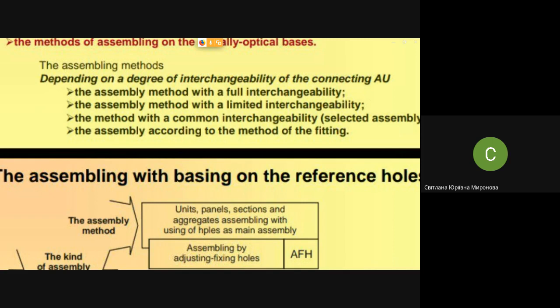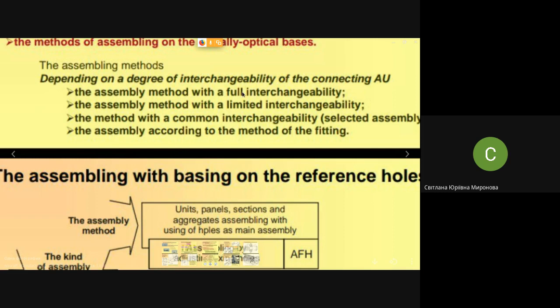We may call it assembly method with using of fitting, but really it's better to call it assembly method with adjusting. And once again, it comes about how to provide repeatability during assembling.